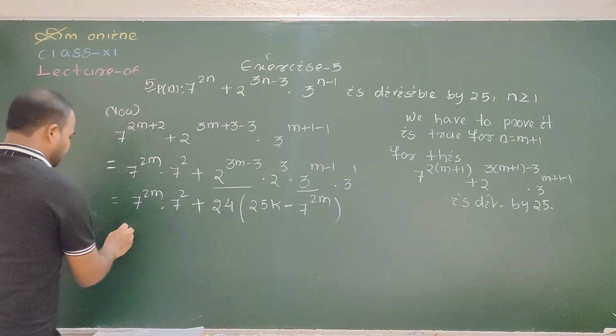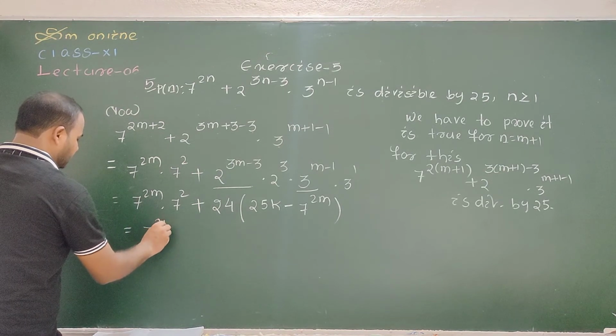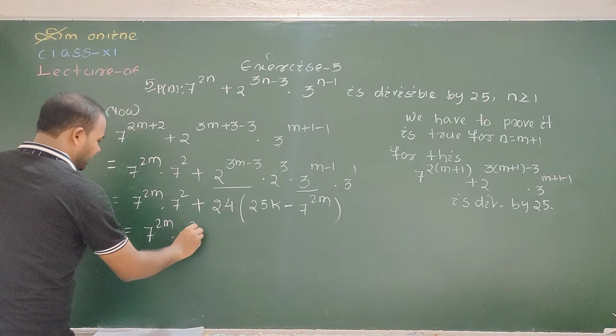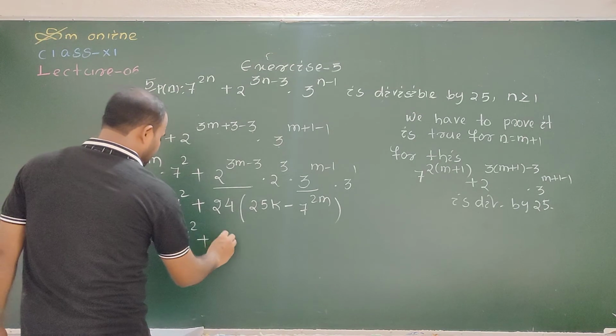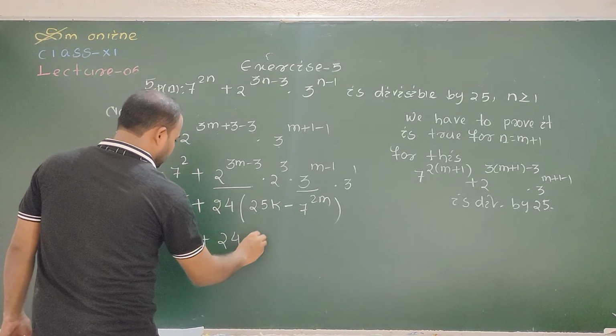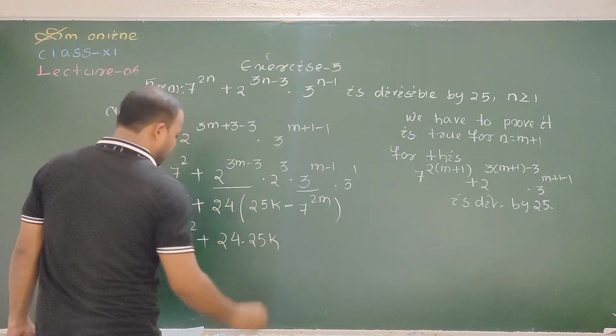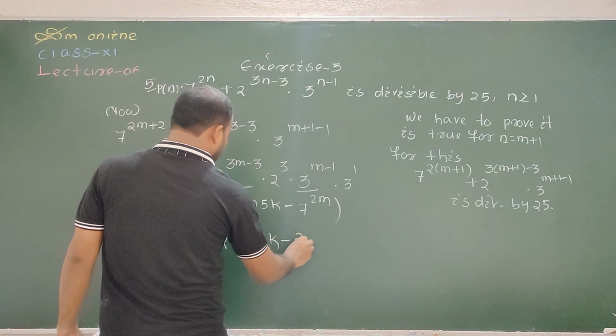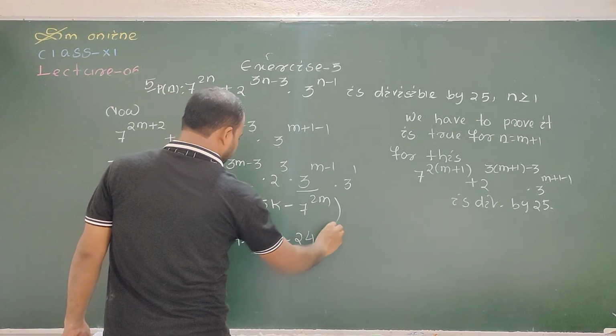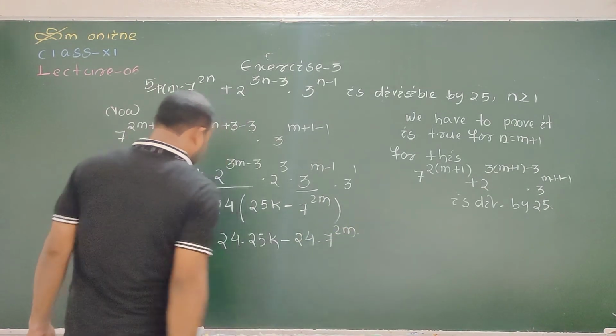Now it is equal to 7 to the power 2m into 7 square plus 24 into 25k minus 24 into 7 to the power 2m.